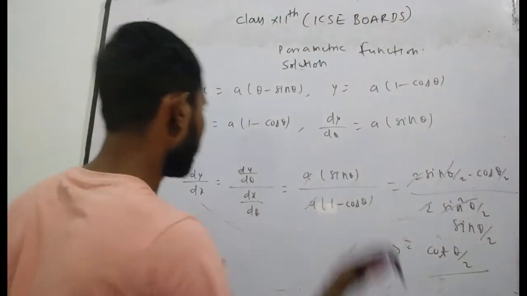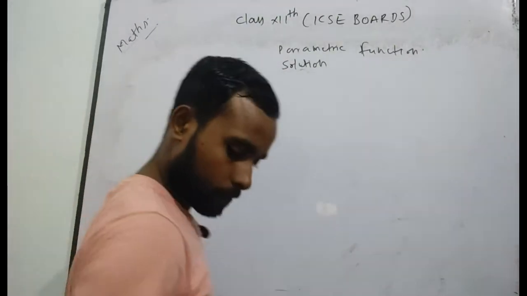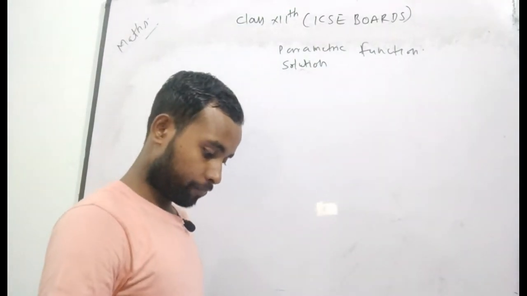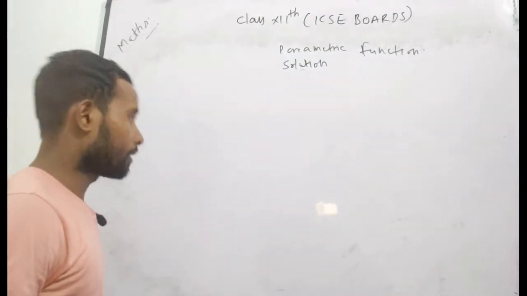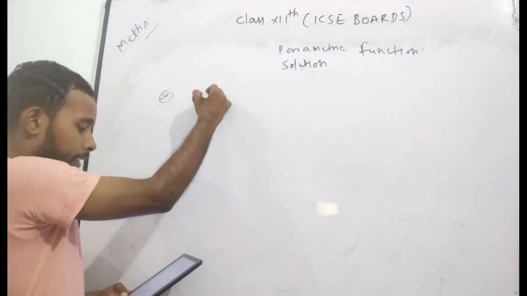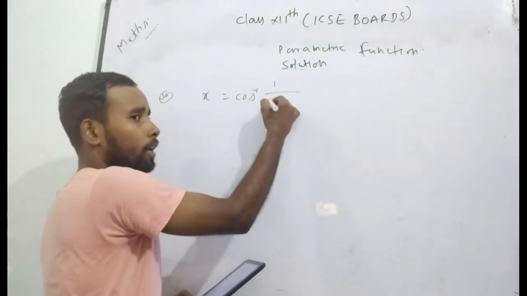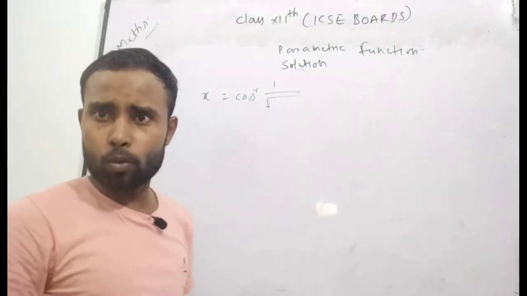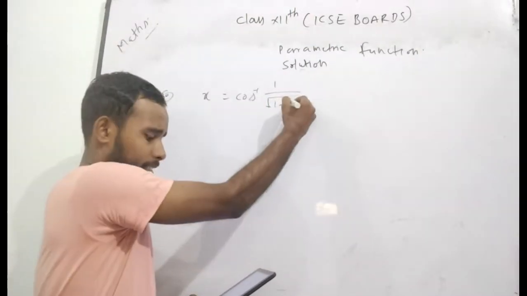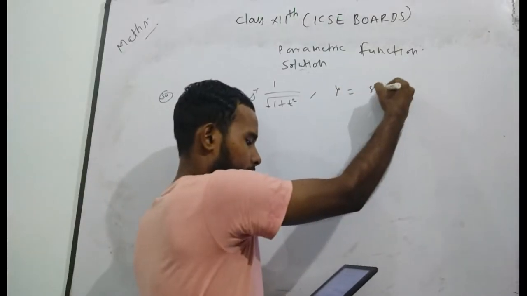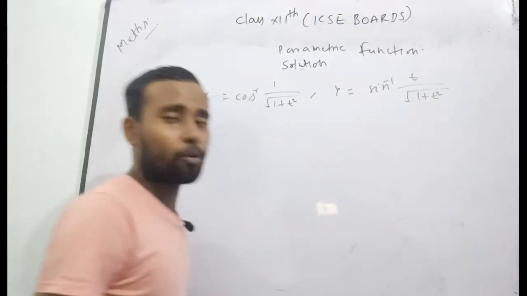See here, x is equal to cos inverse of 1 upon under root 1 plus t square, and y is equal to sin inverse of t by under root 1 plus t square. Here you have to find dy/dx.